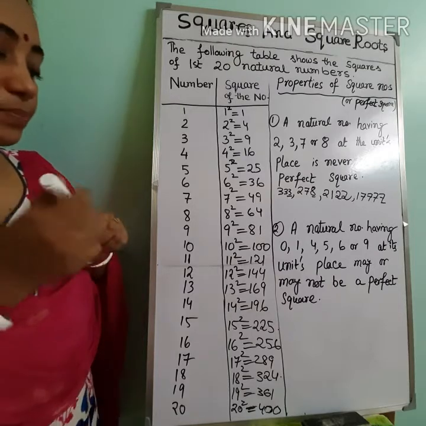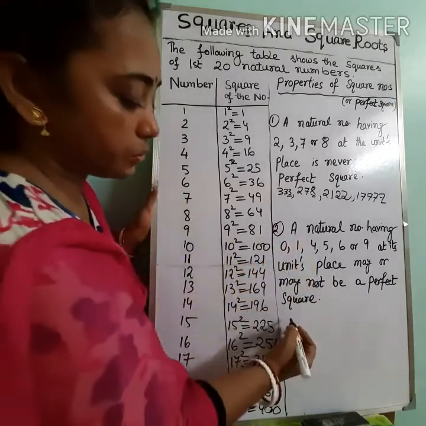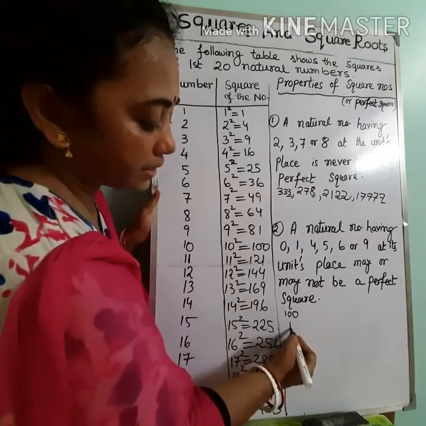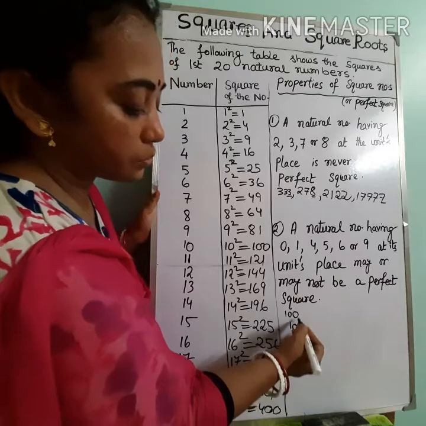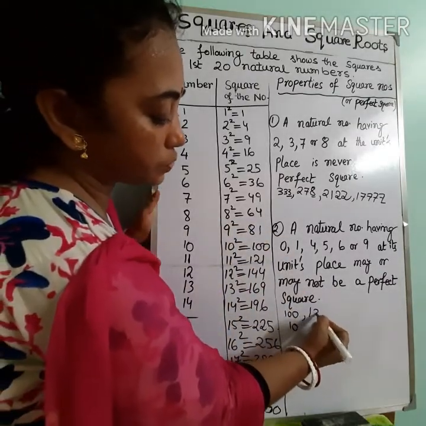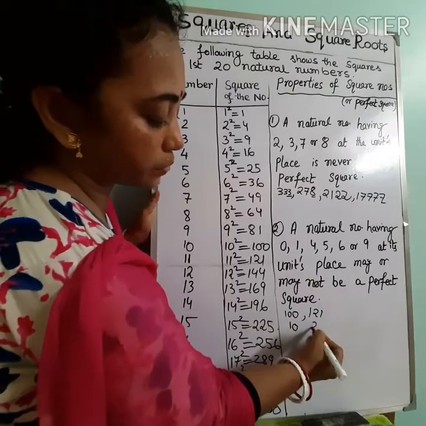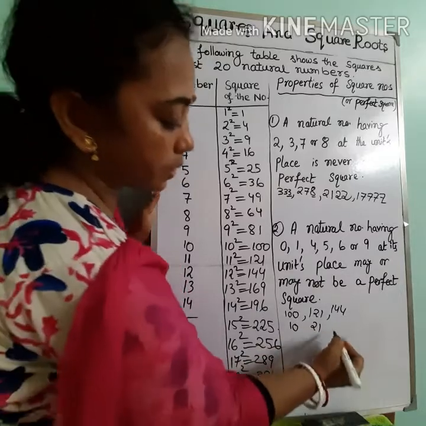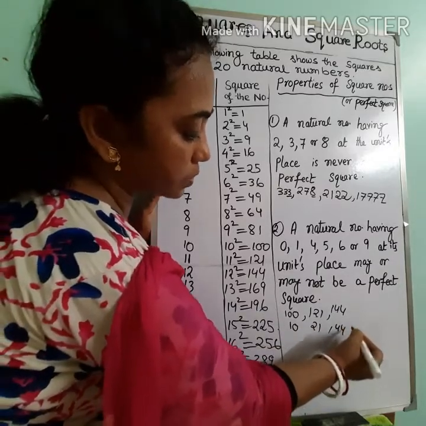For example, if 0 is the last digit and I write 100, yes, it is a perfect square. But 10 has last digit 0 and is not a perfect square. On the other hand, 121 is a perfect square, but 21 is not. See, 144 is a perfect square, but 44 is not.